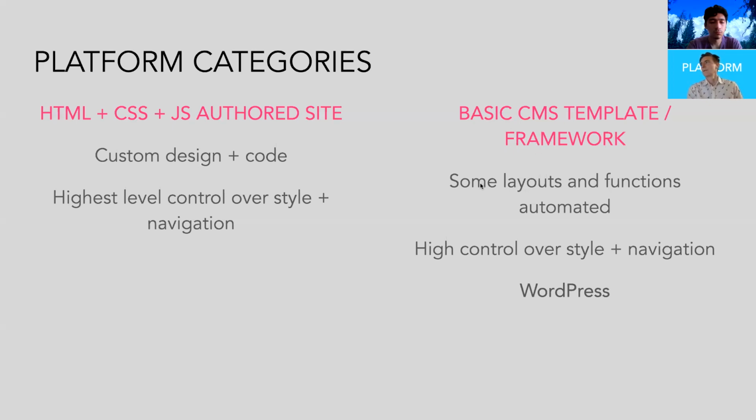So this is something like WordPress, where you have some layouts and functions are automated. So you're not having to code out every single time you want to replace an image or program a gallery. You have a lot of those things automated, and you still have a high control over the style and navigation. But there is still a lot of coding that can go into that.